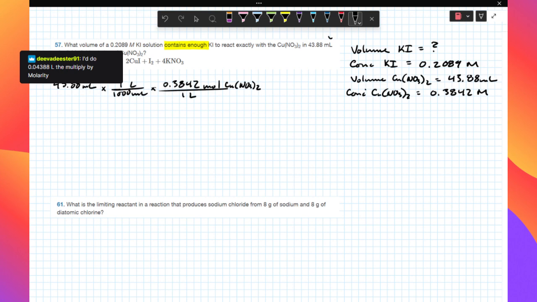Okay, from there, well, let's get that far. 43.88 milliliters divided by 1,000 times 0.3842 moles per liter gives us 0.01686 moles of copper nitrate.